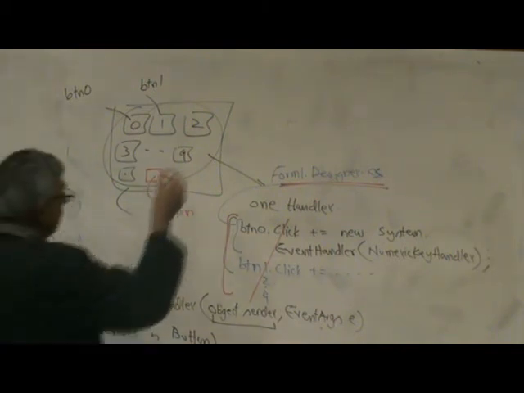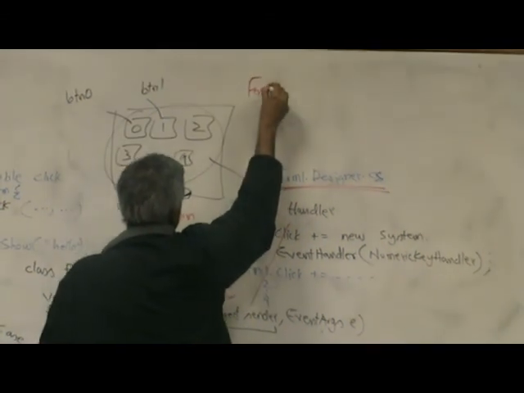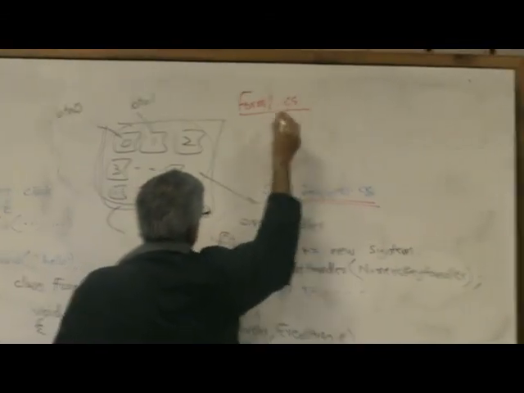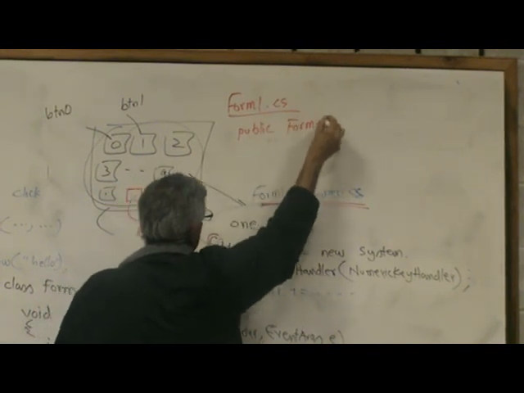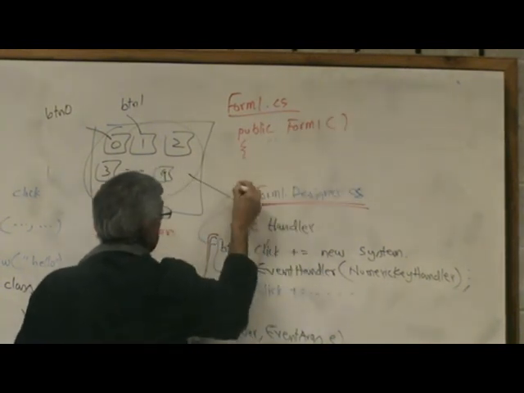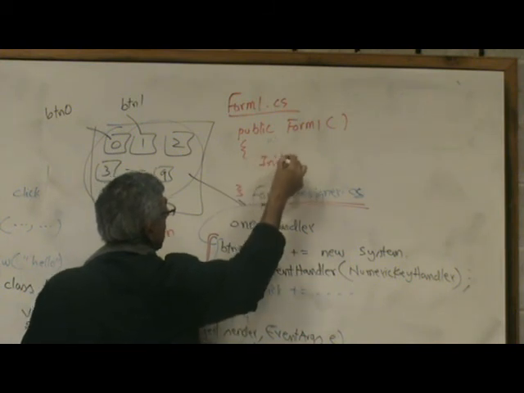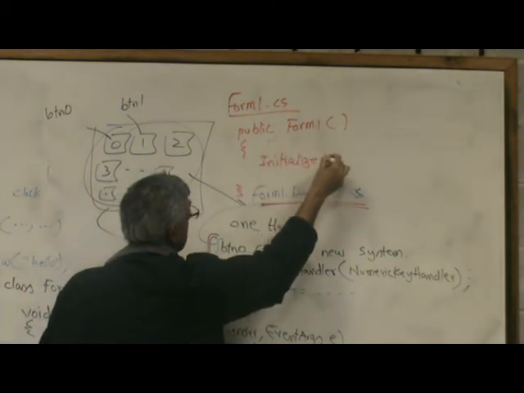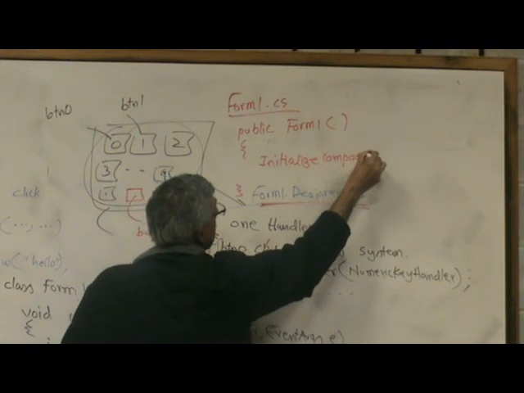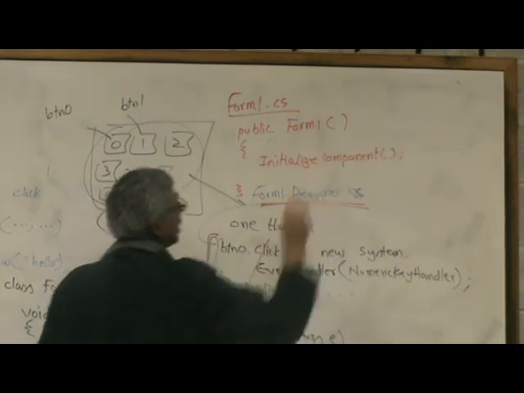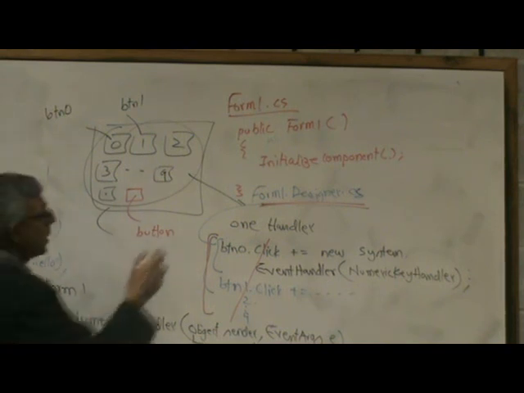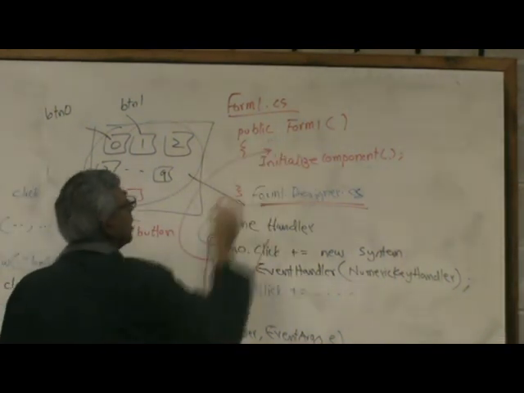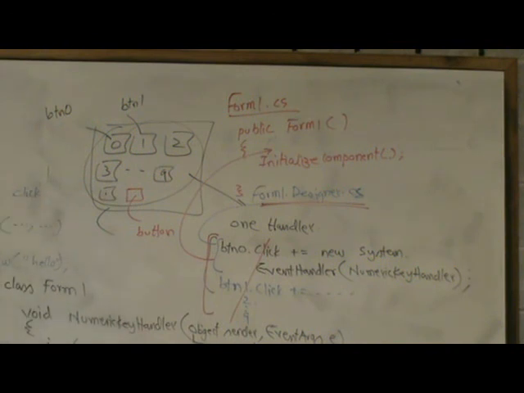So you will see in Form1.cs there's a constructor, public Form1. There will already be a call over there called InitializeComponent, which basically generates all the UI, text boxes and so on. If you put this code over here before it, the problem is buttons haven't even been created yet.